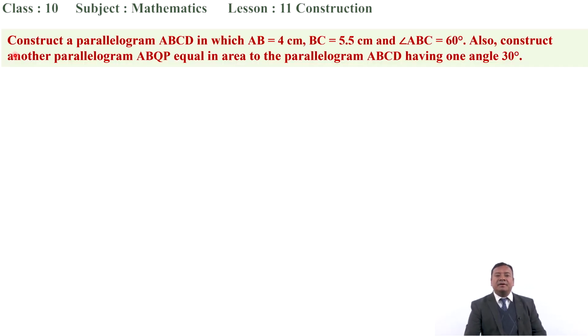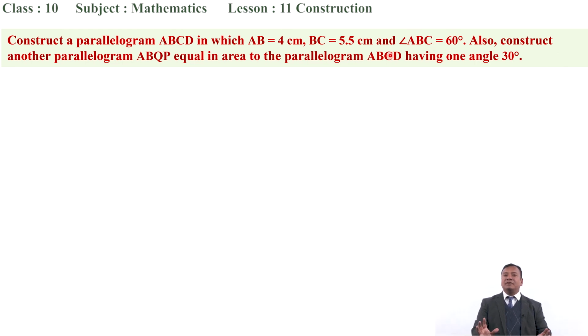Suppose that we are given a parallelogram here. We have to construct a parallelogram at first, in which side AB is 4 cm and BC is 5.5 cm, and angle ABC is 60 degrees.